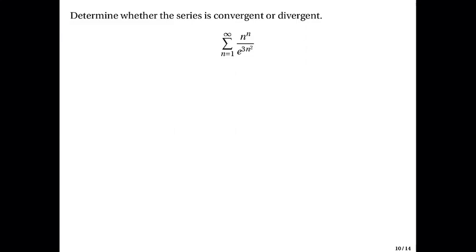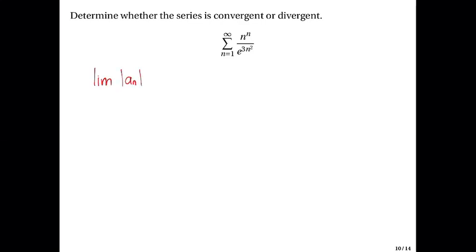So anyway, this time you have the series n raised to the n over e raised to 3n squared. So again, we have power or we have exponent n in all the terms, on all the expressions of the term. So definitely, we use root test.